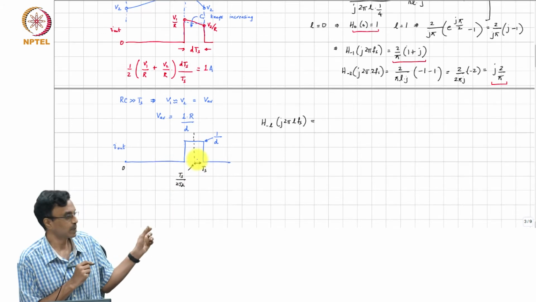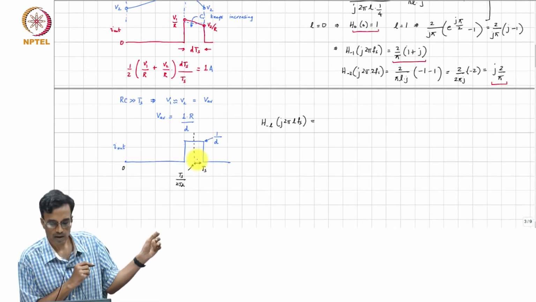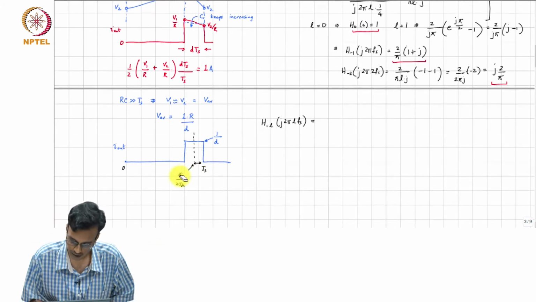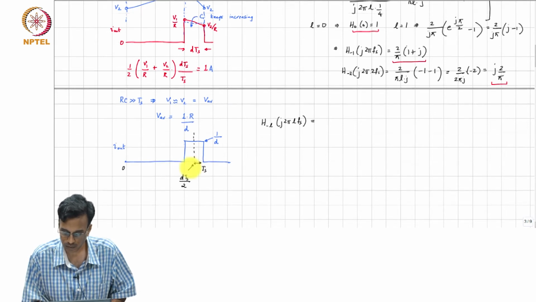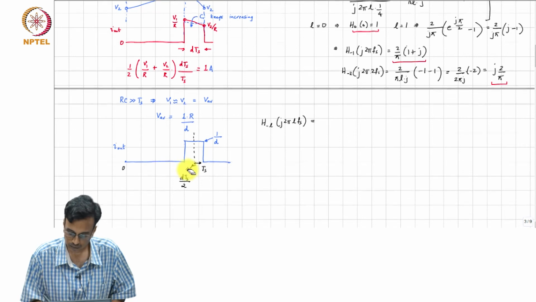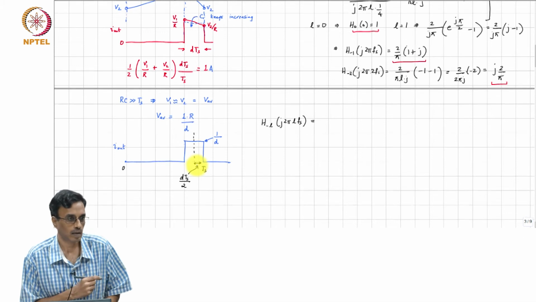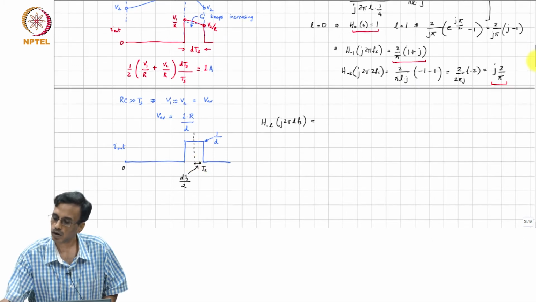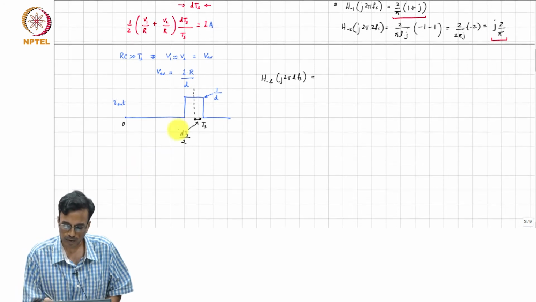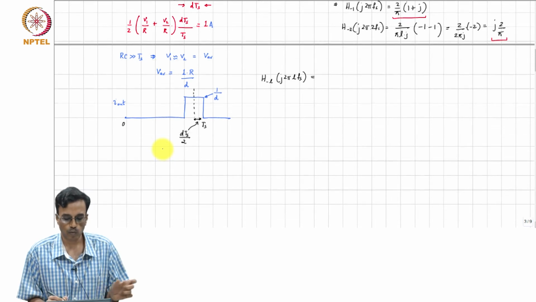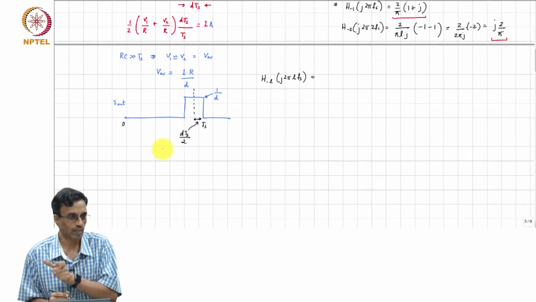The width of the pulse is dTs. So, we first find the Fourier transform of the rectangular pulse, move it to the left by dTs by 2, and then multiply by 1 over Ts and sample it at multiples of Fs.